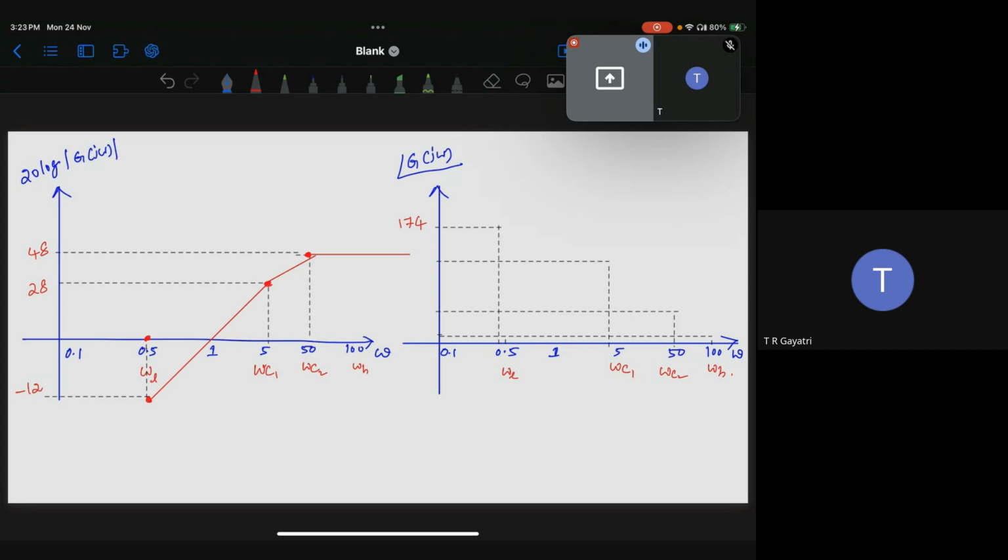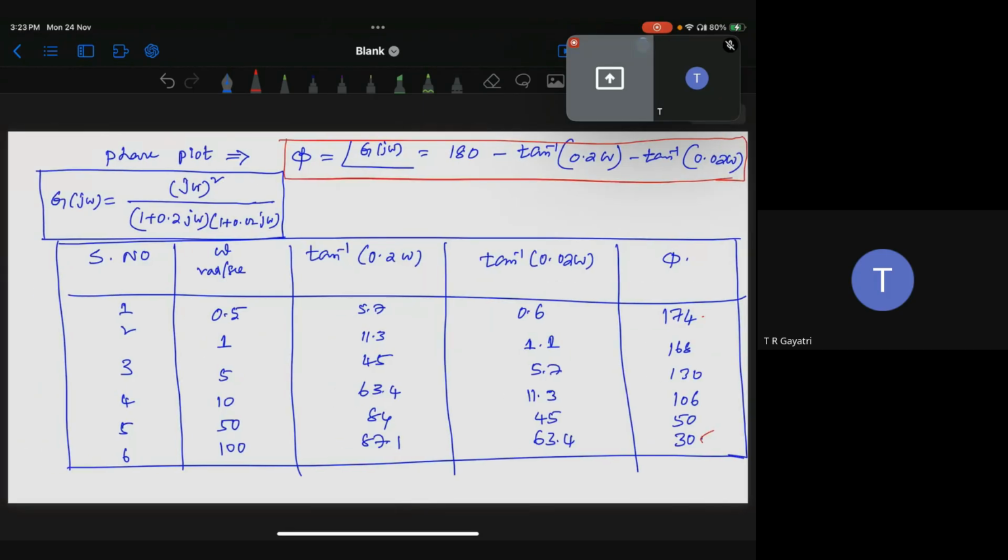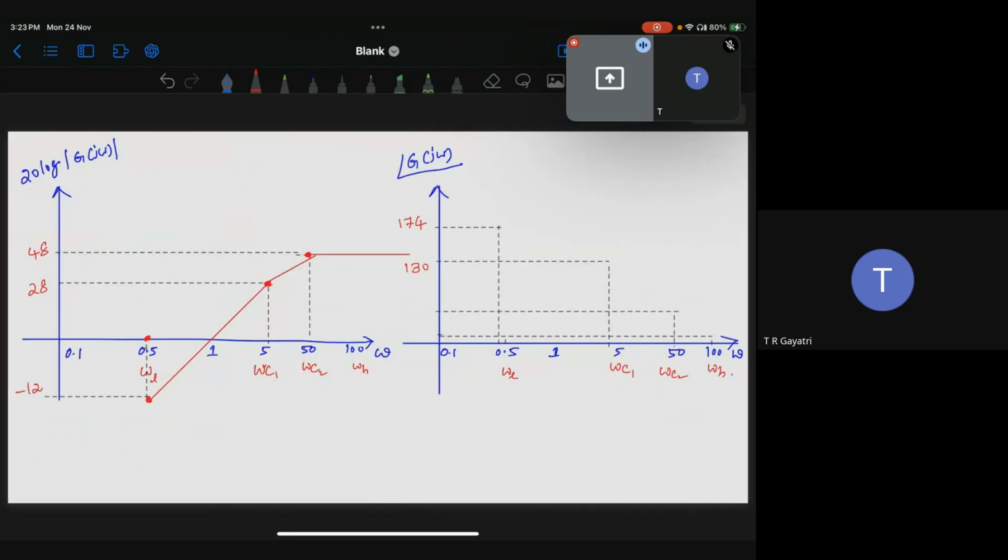Next the value is 130 from this table. Then the value is 50, then it is 30. Finally, at omega H the value is 30. So these are the points, and you can connect them now.